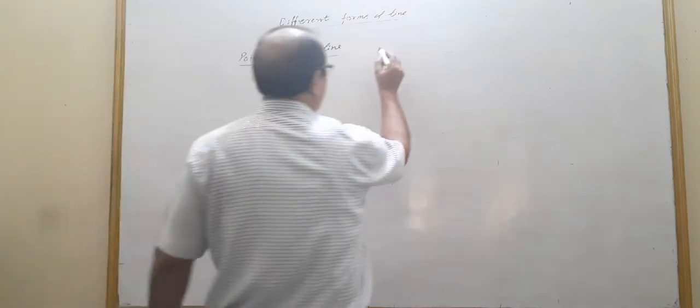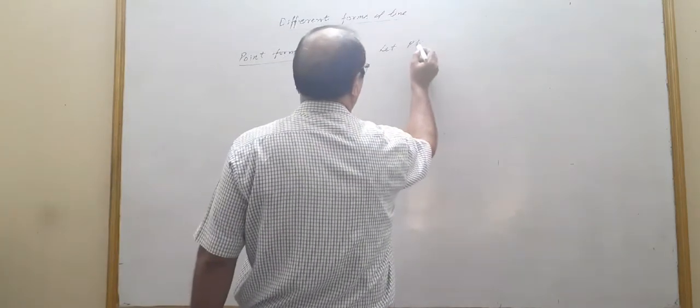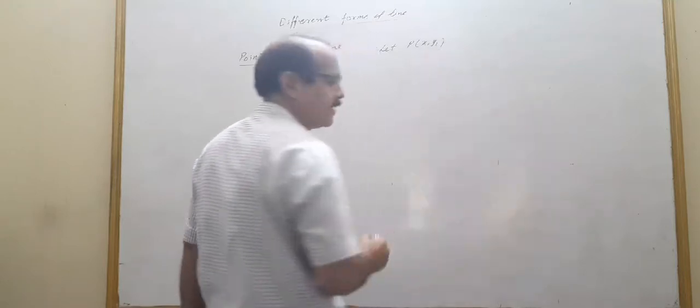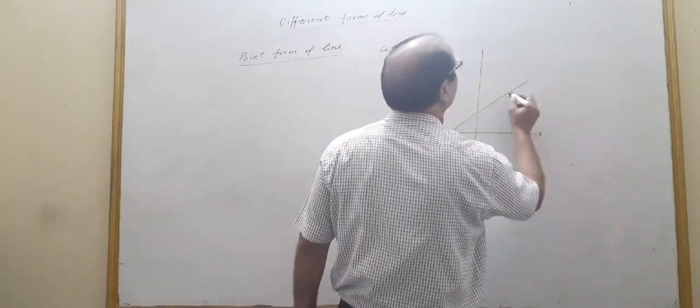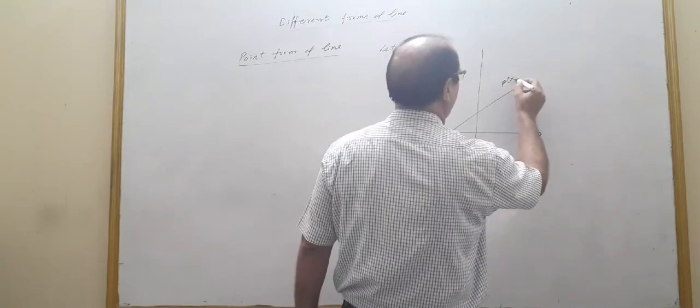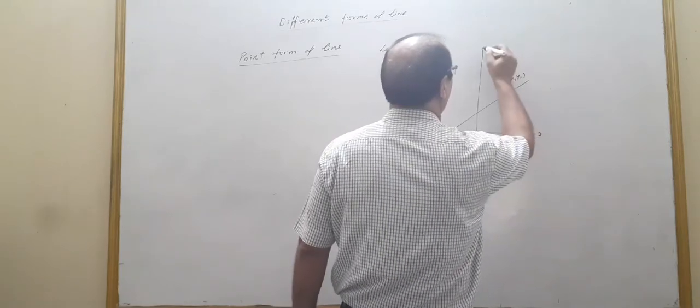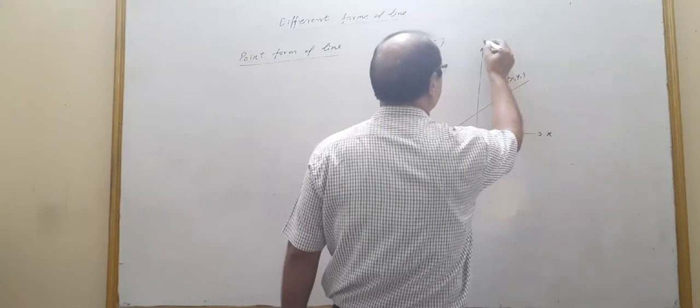So let us consider, let P of x1 y1 be the point where the line passes. This is the line, and the line is passing through the point x1 y1. This is our coordinate system.